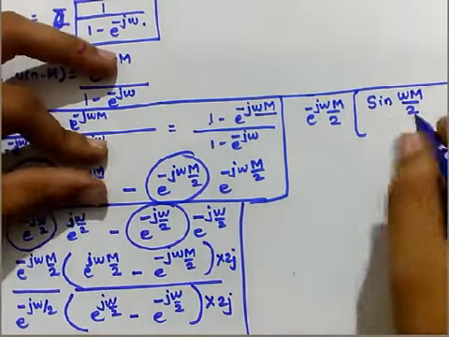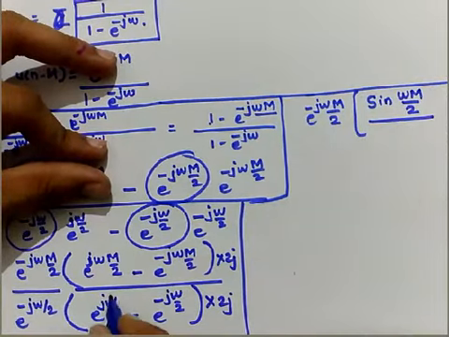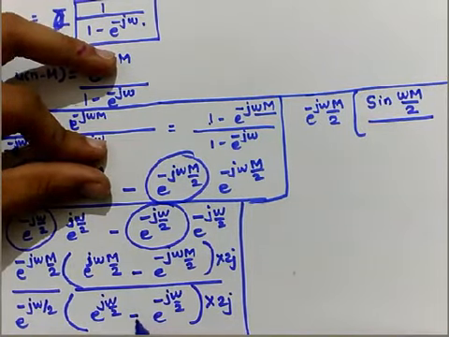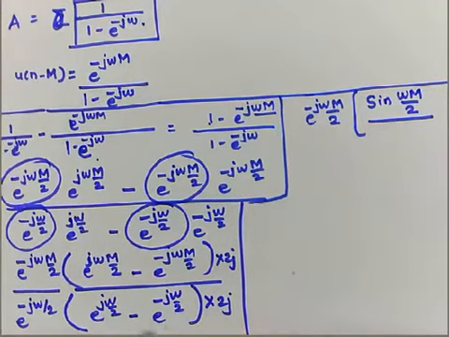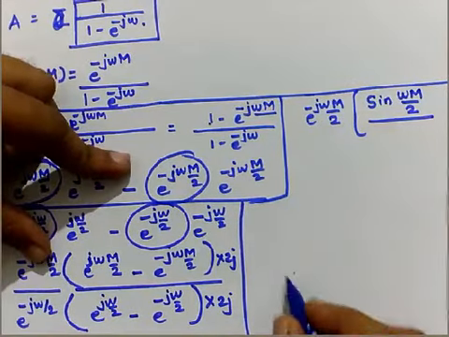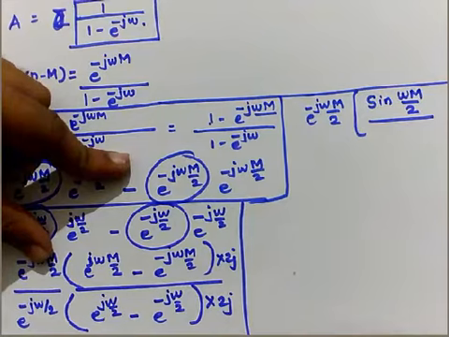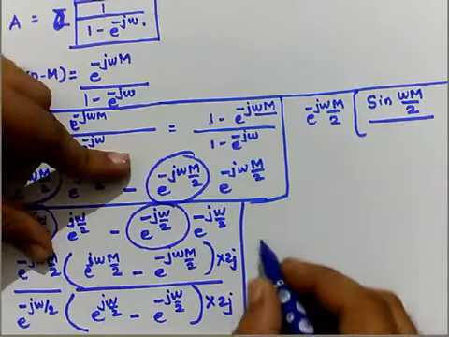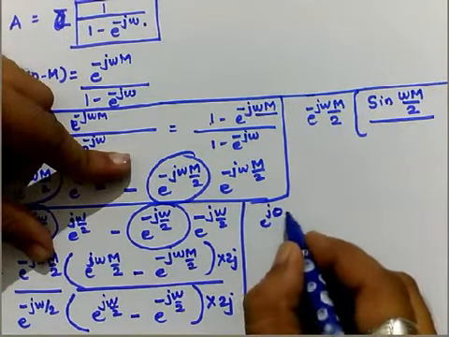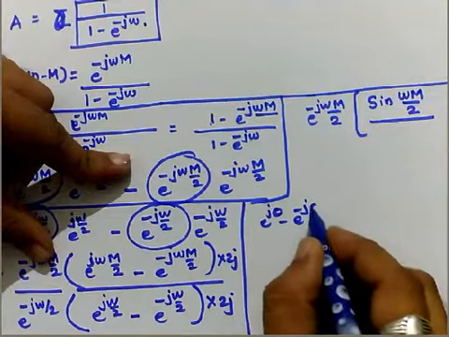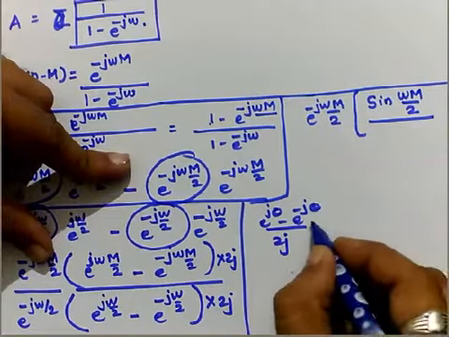But what about the denominator? Again the denominator, this is nothing but e raised to j theta minus e raised to minus j theta divided by 2j. Right now how exactly is it reflecting? Let me write it here: e raised to j theta minus e raised to minus j theta by 2j.